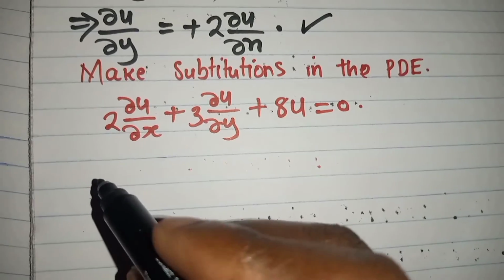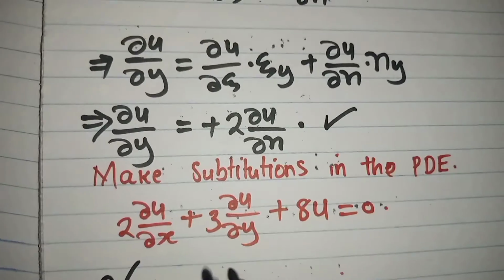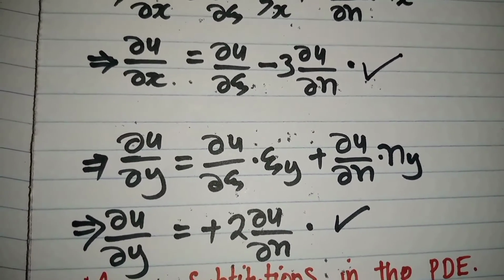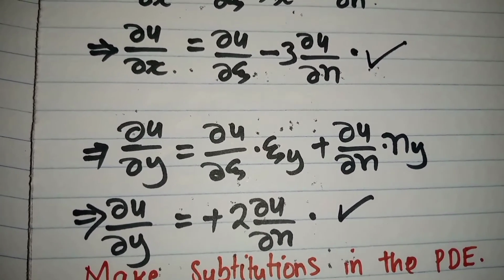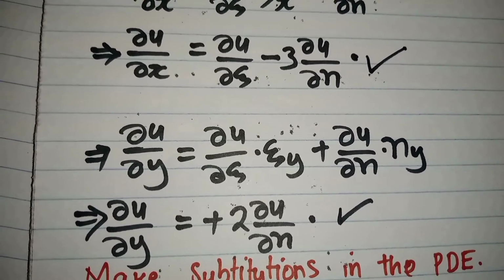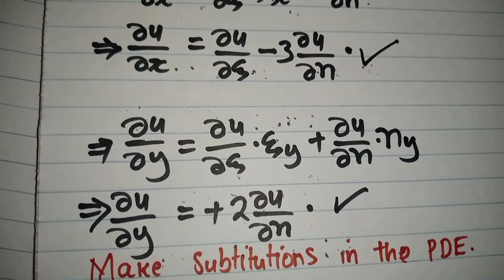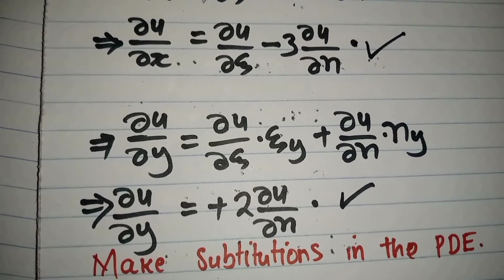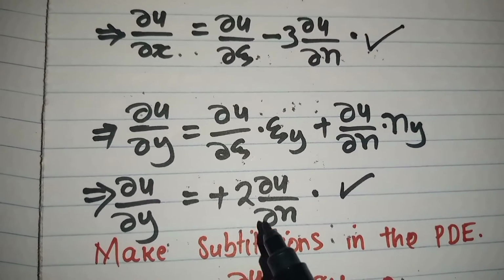Therefore, we are going to have 2 into brackets the partial of u with respect to x. So we go back to where we have the partial of u with respect to x, and it is the partial of u with respect to xi minus 3 times the partial of u with respect to nu. That is the partial of u with respect to x. We have substituted its value here. Then plus 3 times the partial of u with respect to y, which is here, and we are going to substitute it here.